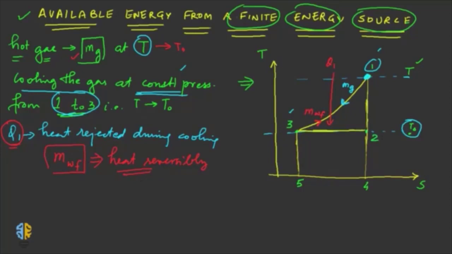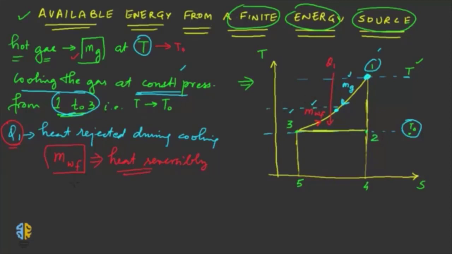Now if you look at this diagram, the heating and the cooling process are happening along the same path, and because they happen along the same path, the temperature difference between the gas and the working fluid at any instant is 0. At this point, the temperature of gas is the same as the temperature of working fluid.